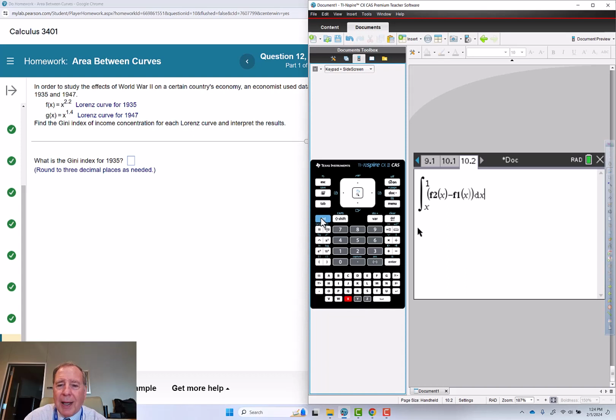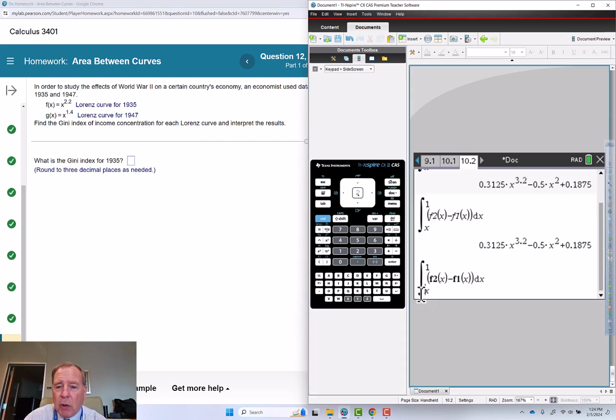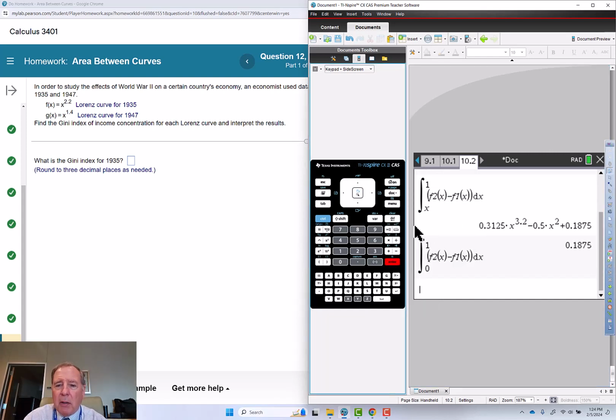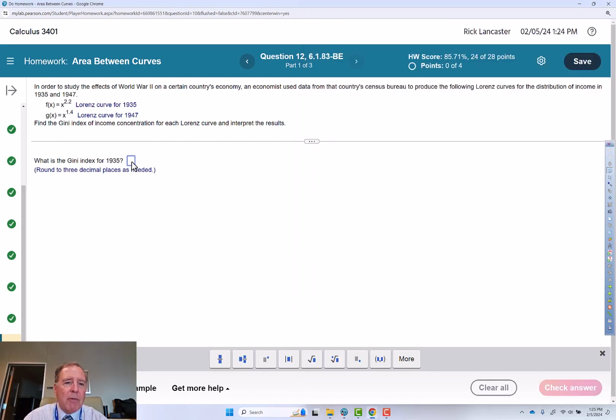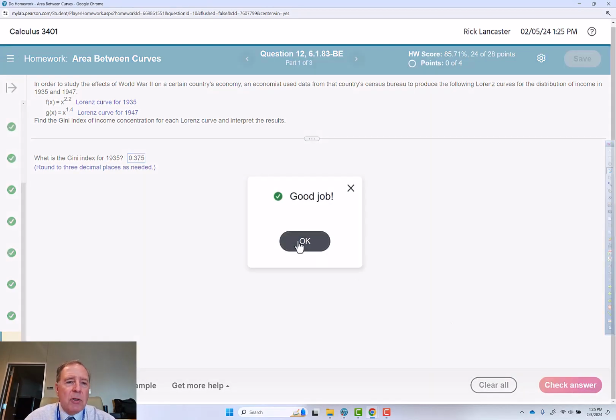And I want a decimal, but there's decimals in the function. Oh, so it's supposed to be 0, not x. So 0, and then multiply that by 2. So 0.375. Check answer, good job.